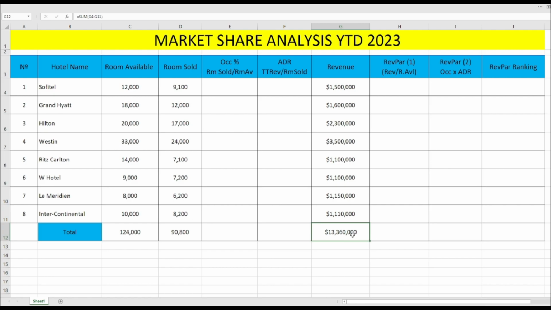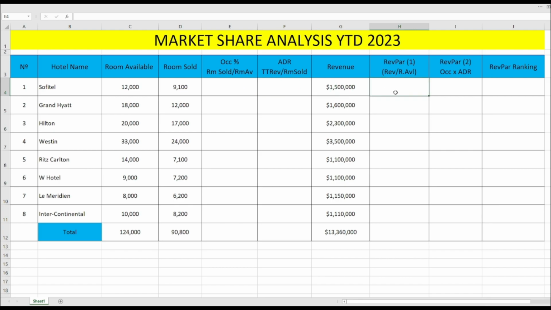So the total for the 8 hotels for 6 months of 2023 is 13,360,000. Okay, let's calculate occupancy, ADR, and RevPAR.